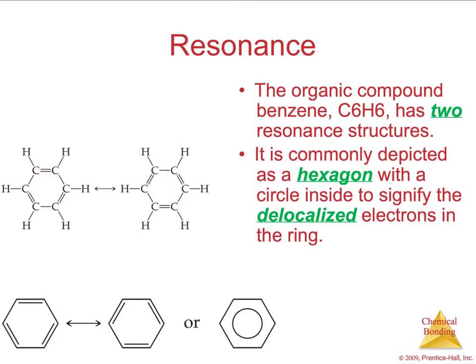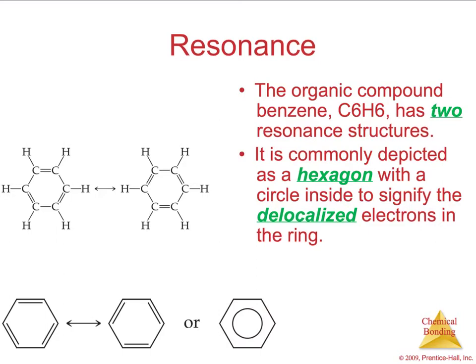What you'll notice is we have double bonds on every other carbon, and they're either going to be at your top, lower right, and lower left, or they're going to be upper left, upper right, and bottom. So it's commonly represented as a hexagon, which you can see right here, with a circle inside.